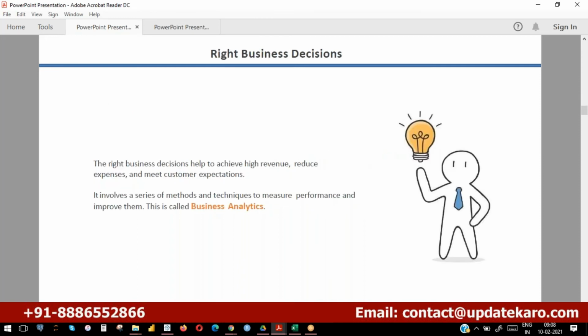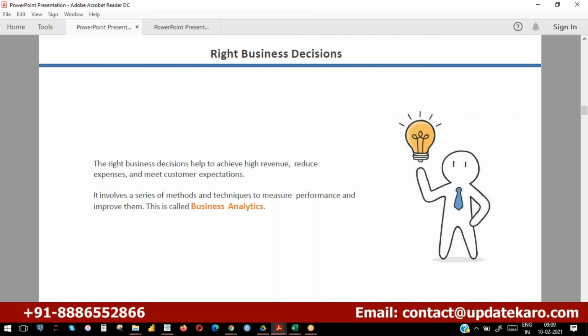This was a statement. What is the right business decision? As I told you in the beginning, the right business decisions help to achieve high revenues, reduced expenses, and meet customer expectations. These three things are important when you say a decision is the right decision for a business.